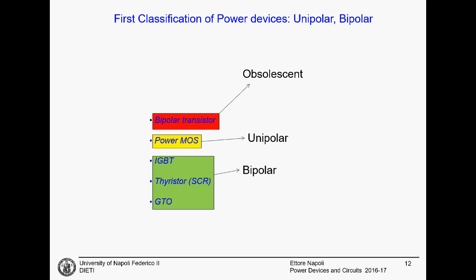In general, unipolar devices are much easier to use. Bipolar devices are a necessity for higher power. In the low power range, you can substitute the power MOS for bipolar, and this means that the power MOS is winning on the market now.